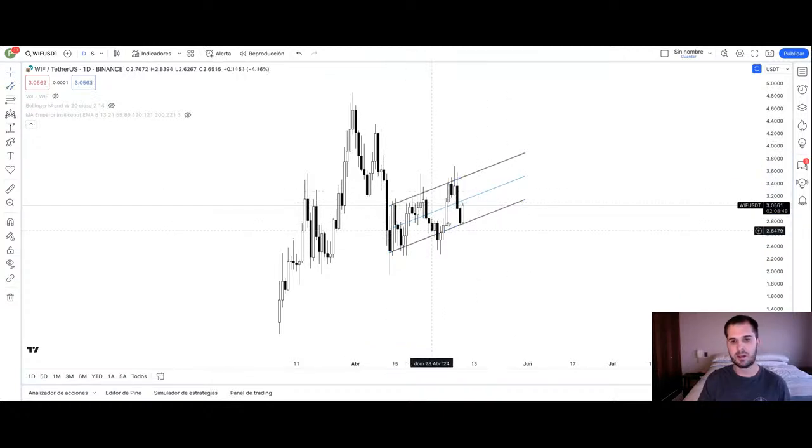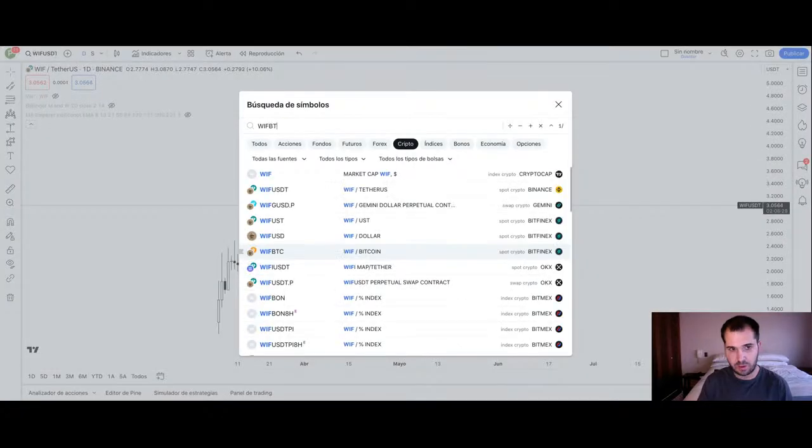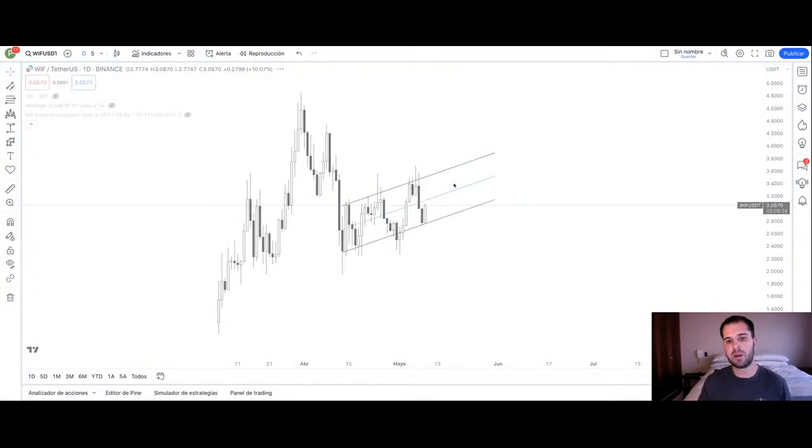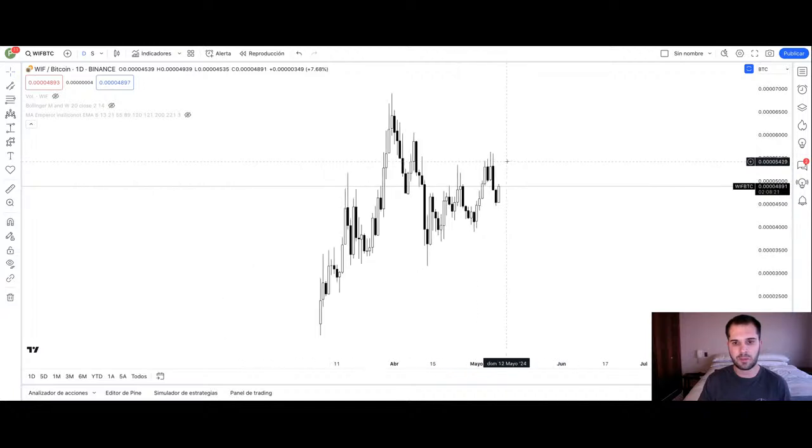You have this upsloping channel, a small deviation here, but just working on a bullish engulfing candle and working on its highest candle close since May 6th. Just looks really good. Doesn't look as good as Pepe, but I think the hat stays on. The same here. Just higher highs and higher lows.